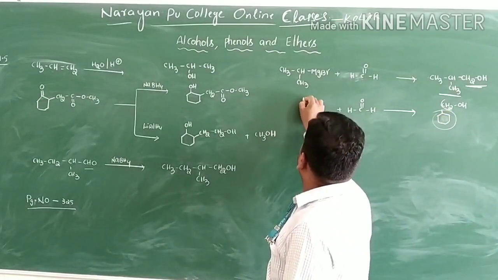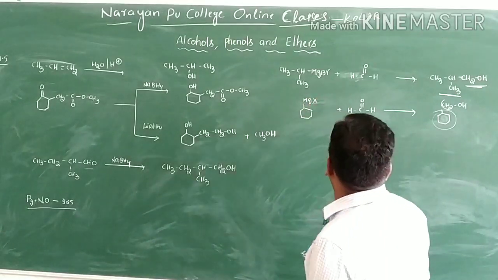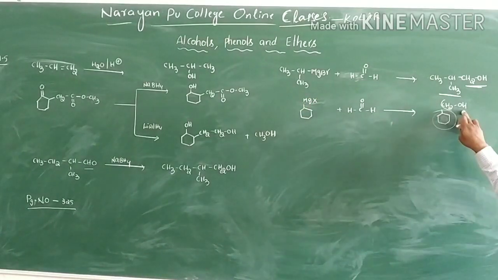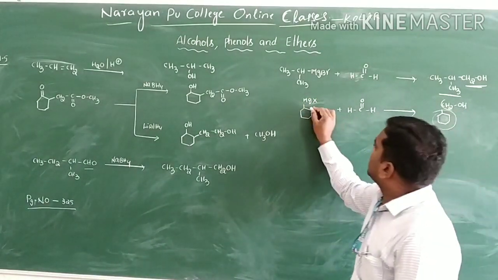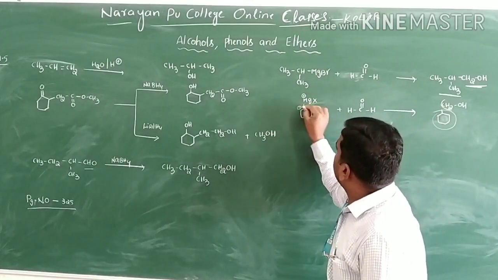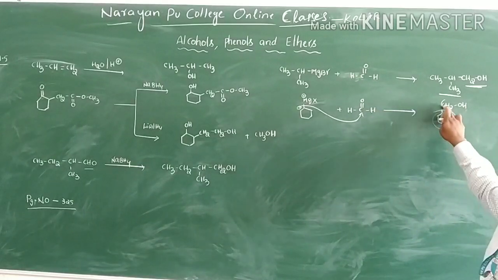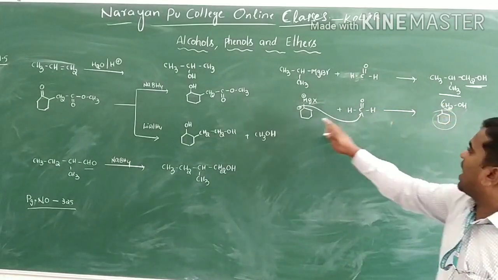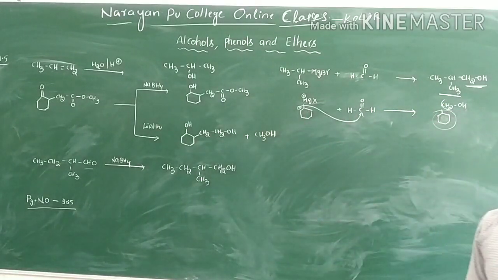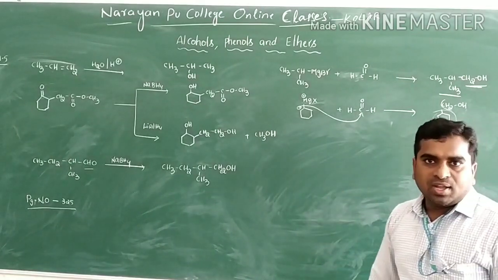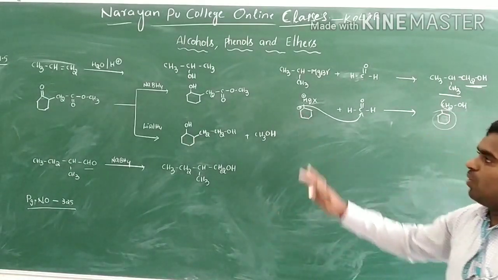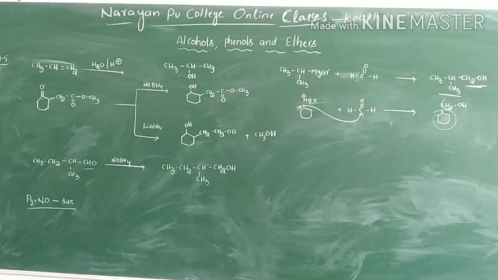And this is MgX. If you take this and follow by hydrolysis, you will get this compound. This is a positive charge and this is a negative charge. And this negative charge is added here. This is converted to CH2OH, and there will be a bond between this carbon and the cyclohexyl group. So these are the two questions they have given in the holidays NCERT textbook, page number 3.